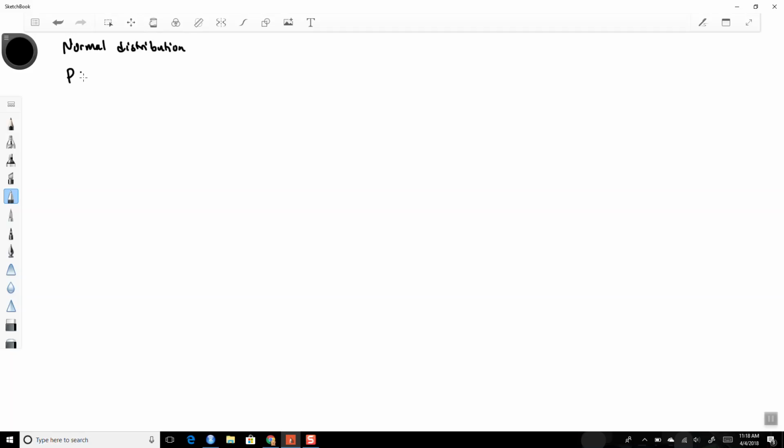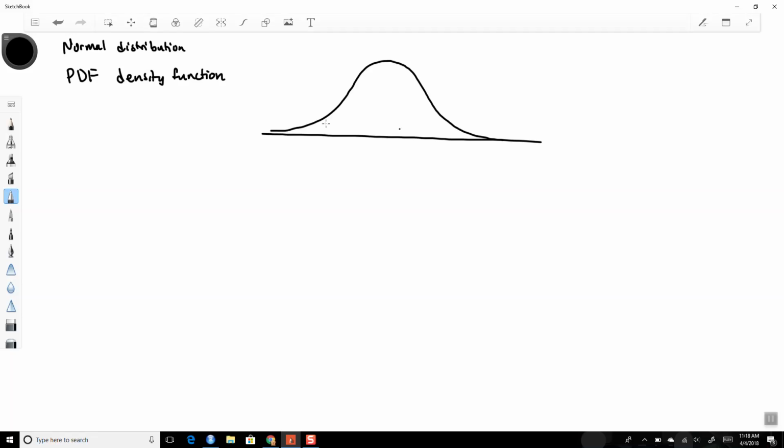We have the PDF, the density function, and for the normal distribution it looks something like this.